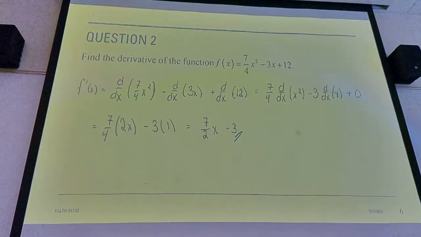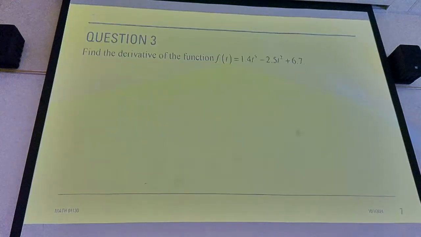That was so much easier than the definition. So I'm going to take this time to introduce a new notation. My two physics people, pay attention.